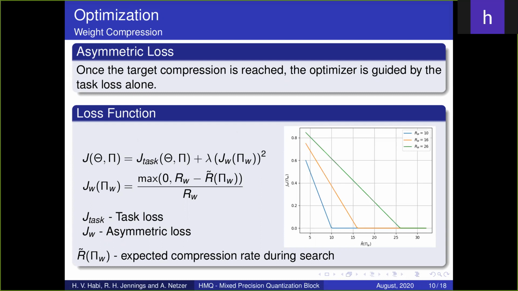The asymmetric compression loss is equal to 0 once the expected compression rate reaches the target compression rate. In this figure, we show an example of the asymmetric compression loss as a function of the expected compression rate, with three target compressions: 10, 16, and 26.